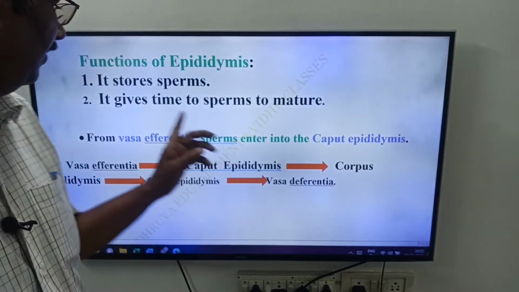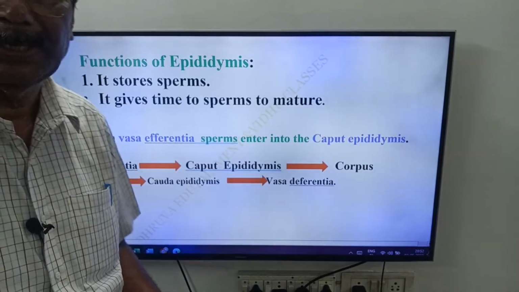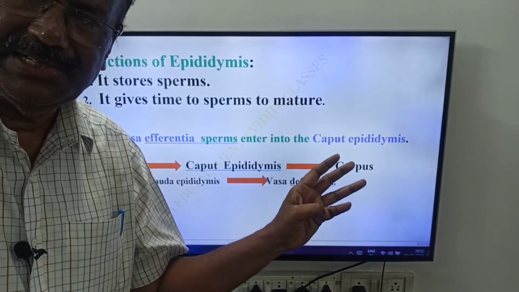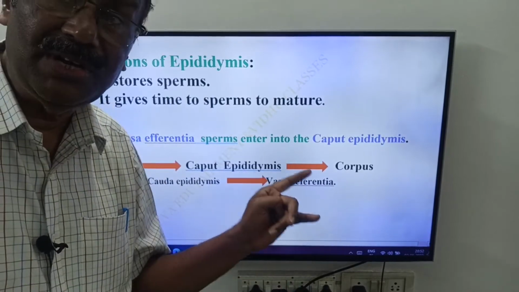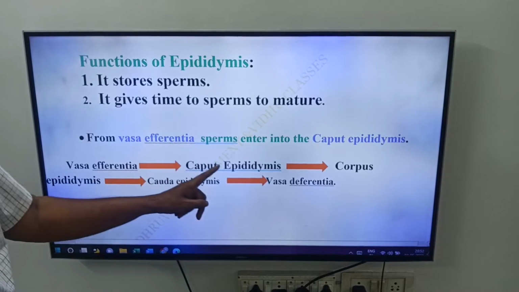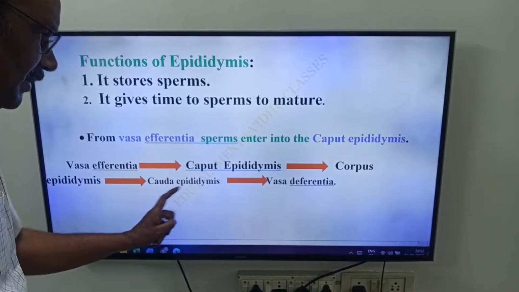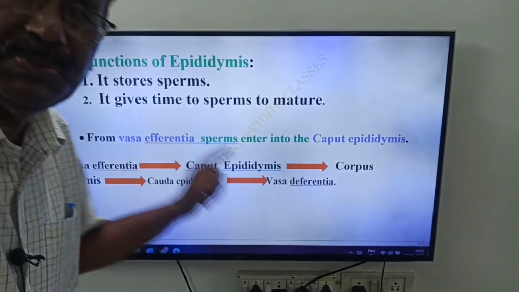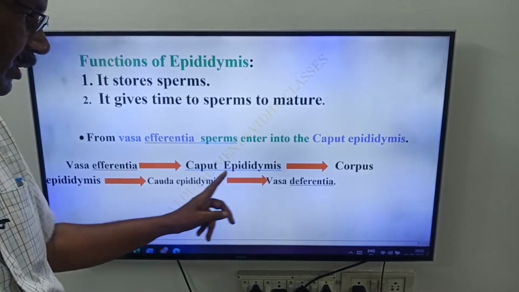See friends, from vasa efferentia, sperms enter into the caput epididymis. Seminiferous tubules to rete testis to vasa efferentia to epididymis.